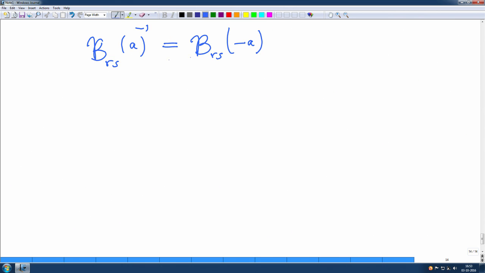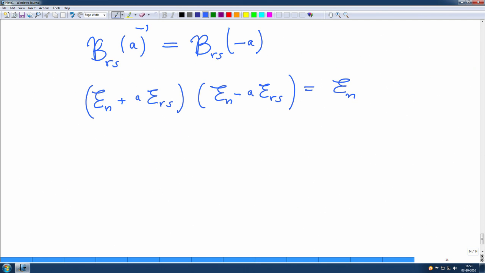You can just compute. For example, if you want to prove this, the way to prove this is to look at E_n plus a E_rs, and multiply by E_n minus a E_rs and compute this. You will get the identity. That means this is the inverse of this. And this computation you do like what I said.